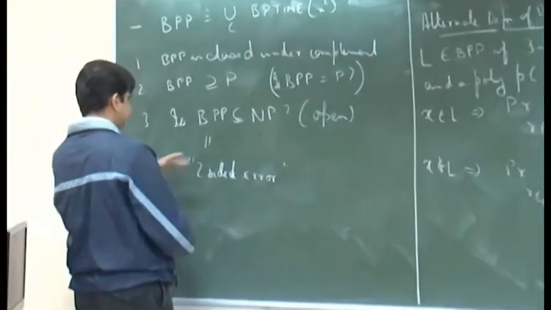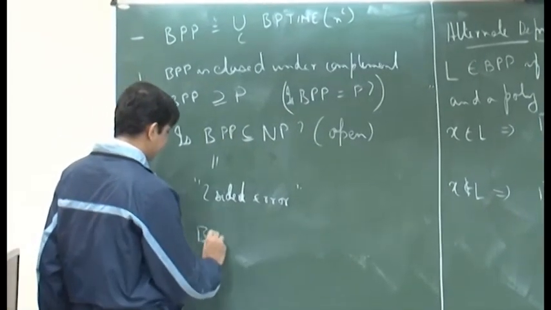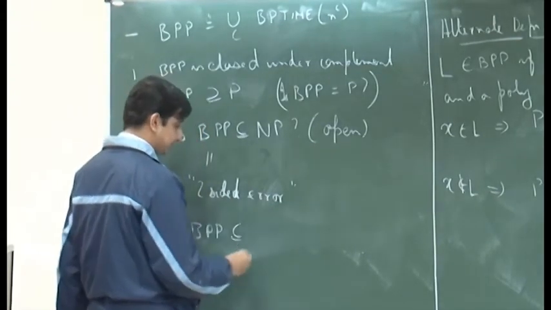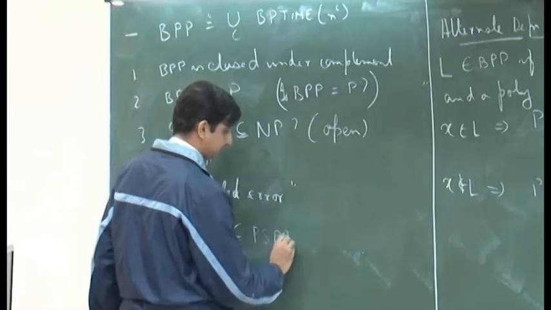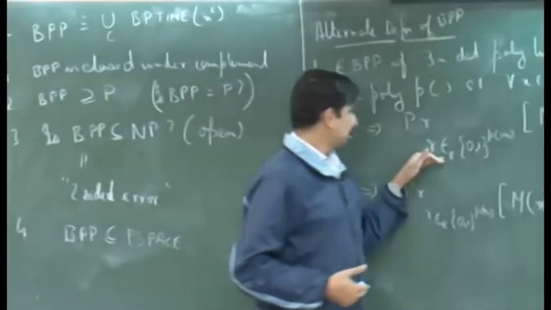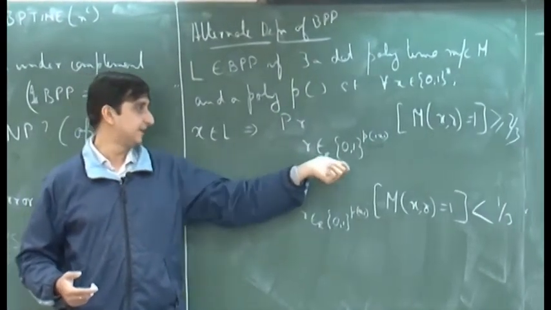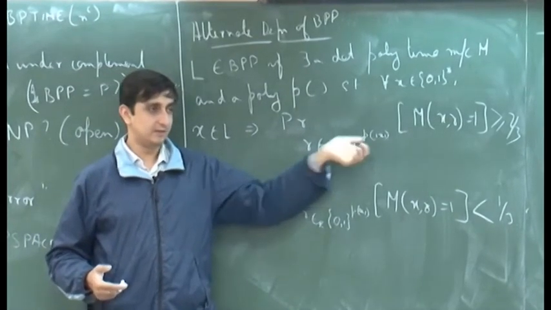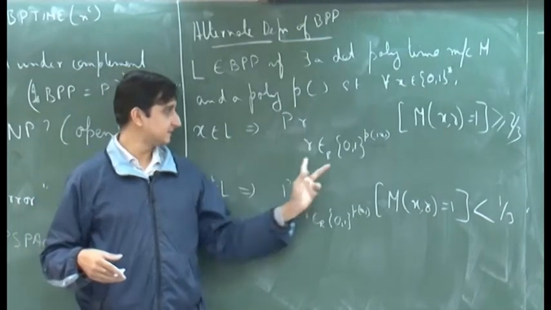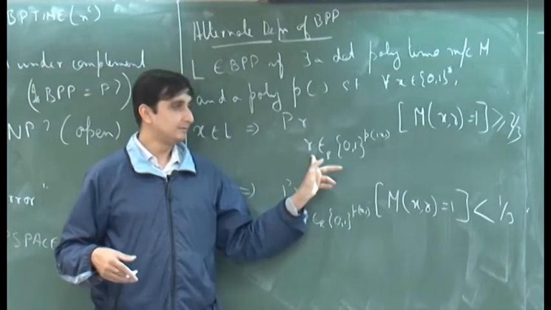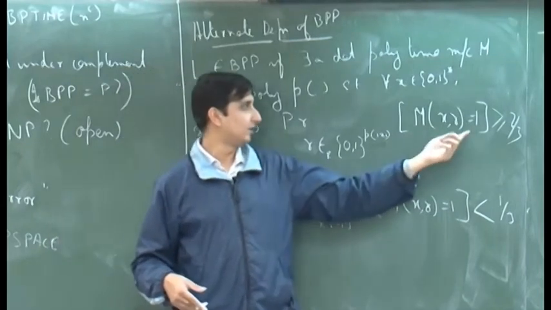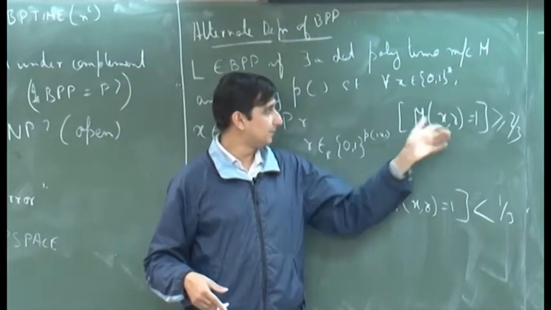Maybe I should have said this here also. This is not known to be tight, but you can simulate BPP in EXP, and you can also do it in PSPACE. What you do is, you just cycle through all the strings of length p of x, and that will take only p of x number of tape cells, and for each such string R, you simulate the machine and keep two counters, checking whether that machine outputs 1 or not.